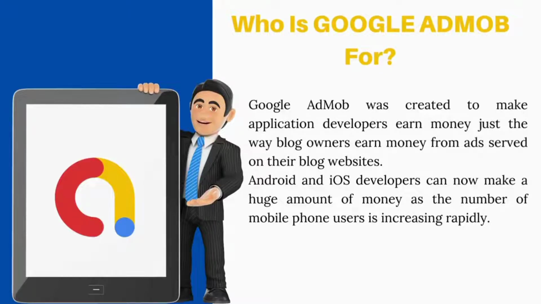So who is Google Admob for? You need to know who this is really for and why this was created, right? Google Admob was created to make application developers earn money just the way blog owners earn money from ads served on their blog websites, right? We visit websites and then we see ads.